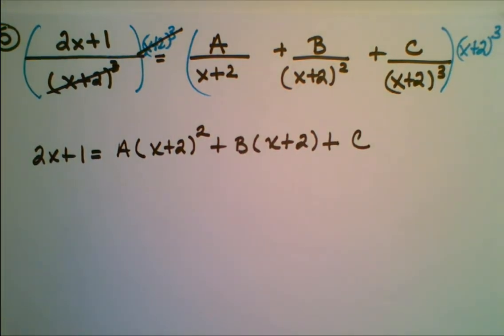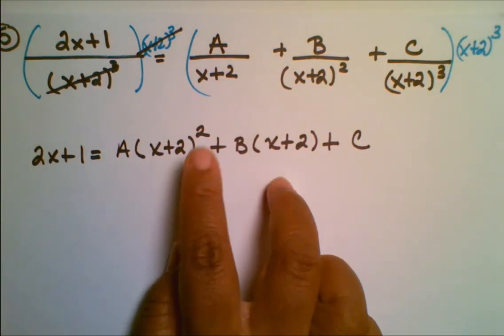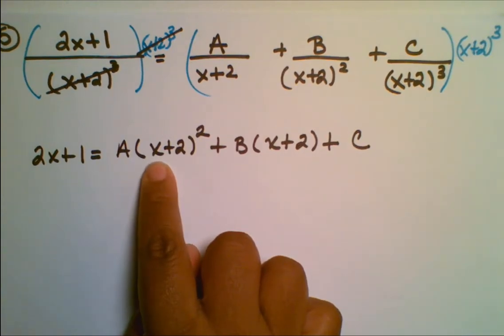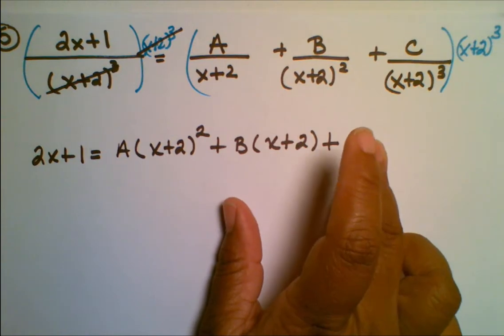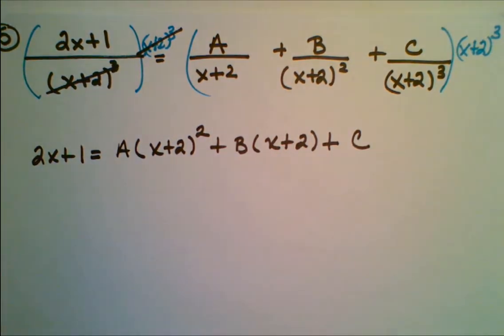All right, so just as with the other example, we could use, if possible, substituting the roots or zeros, substituting -2 in for x. Yes, it'll eliminate A and B to find C, but how would we find A and B? This is where it would be easier to set this equation up as a system of linear equations.